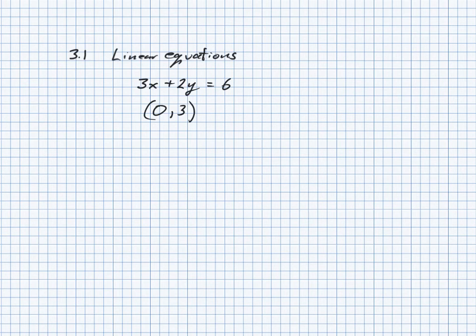So on section 3.1, you really weren't asked to do very much more than be able to identify what a linear equation looks like and be able to plug in points.